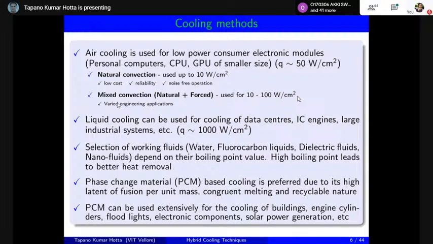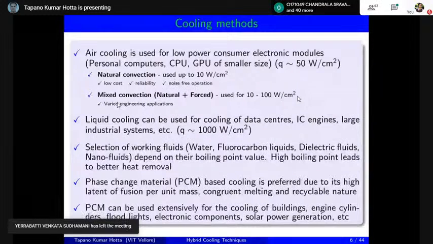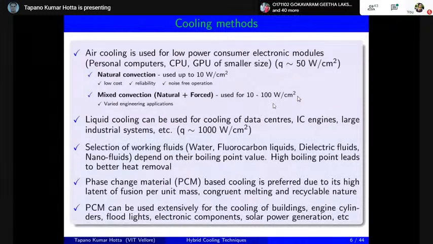But on the same laptop, if you want to run a program which can run for a couple of days, or if you want to use it for gaming, then the amount of heat generation will be extremely high. So for the same laptop, sometimes you want natural convection cooling, sometimes forced convection cooling, so you need a balance. That's why a lot of research is going on in mixed convection, where you can go to a higher heat dissipation rate of up to 100 watt per centimeter square.